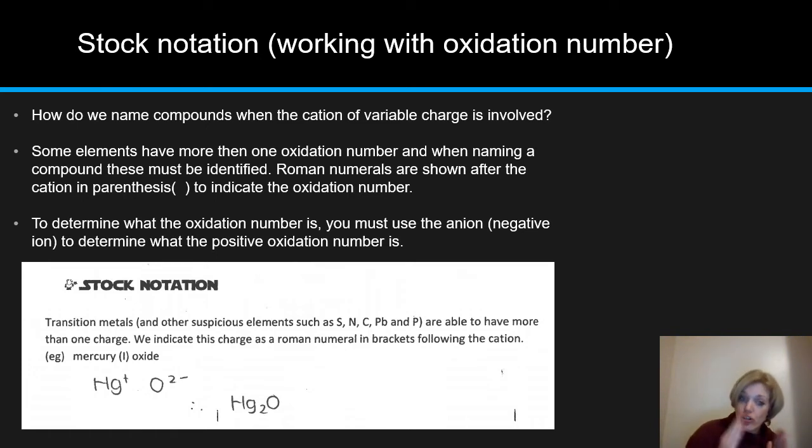So to determine what the oxidation number is, you must use the anion to determine what the positive oxidation number is. Or if you are given the actual name of the compound written out in words, whatever's in the Roman numeral is the charge of your cation.